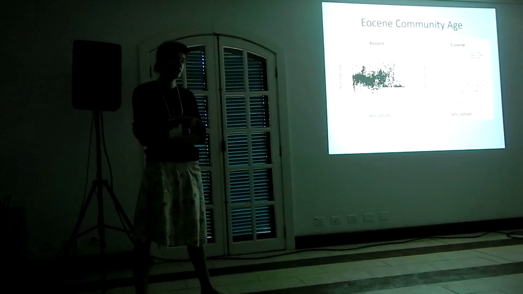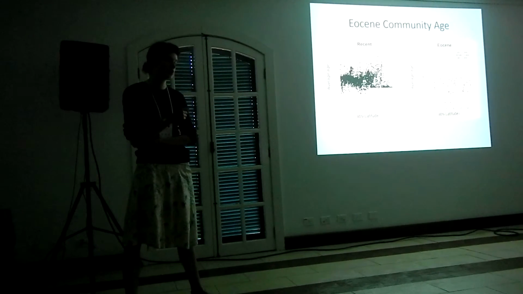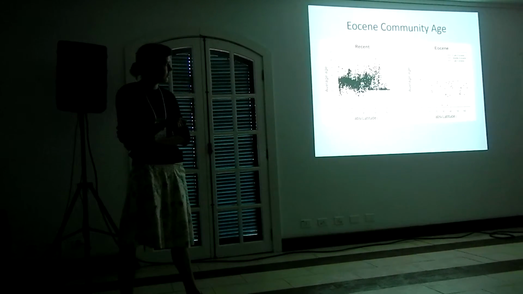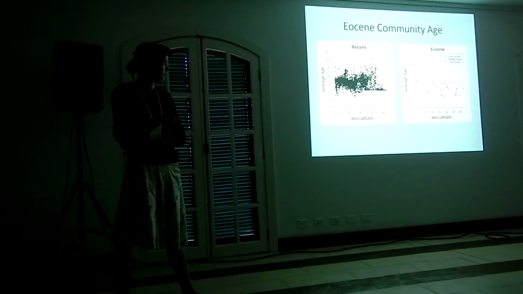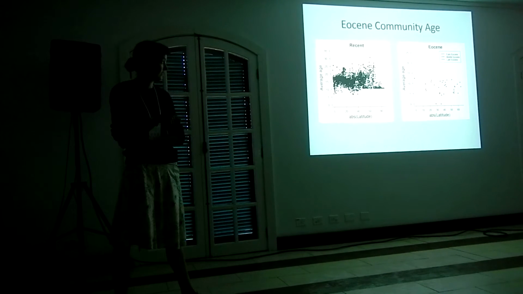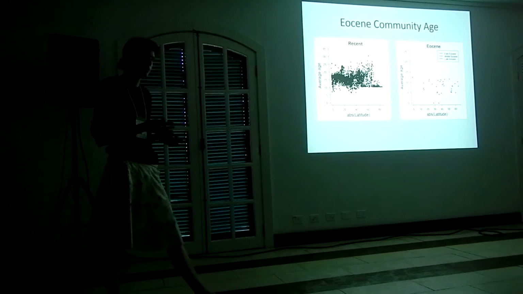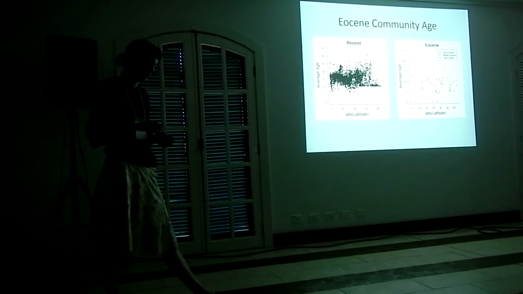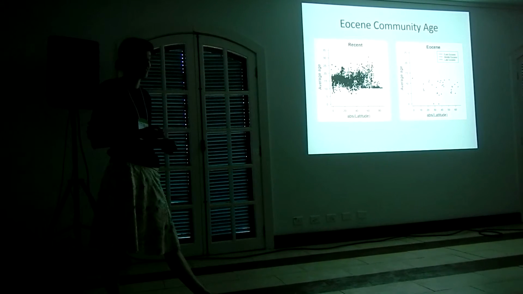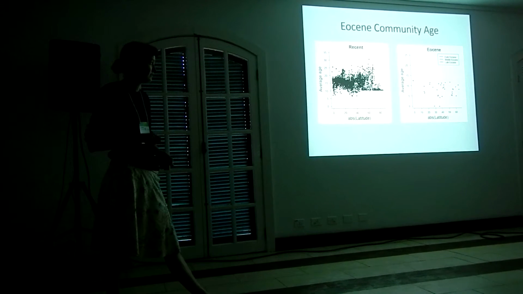In the early Eocene, there is no difference in community age with latitude. You wouldn't expect to be able to get older species, so the fact there's nothing up here is because this clade evolved 65 million years ago, and we're now looking at about 40 million years ago, so you can't get anything older than about 15 million years.